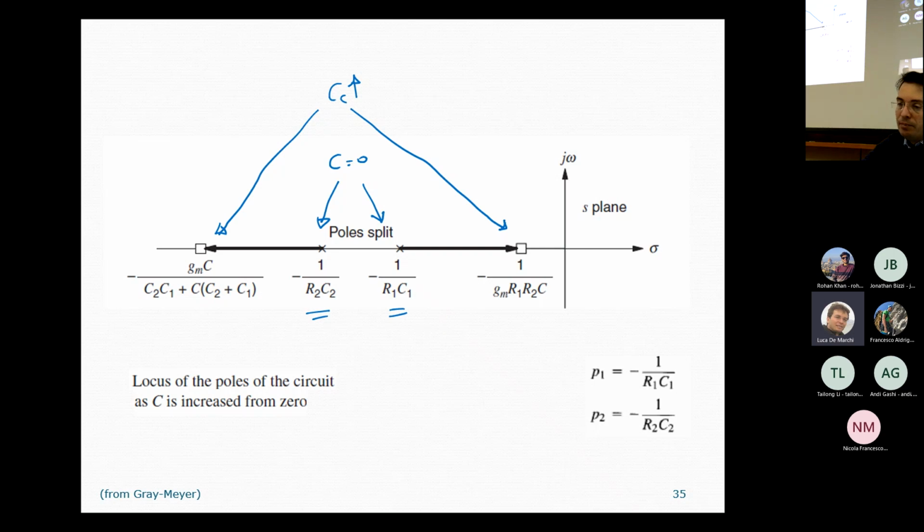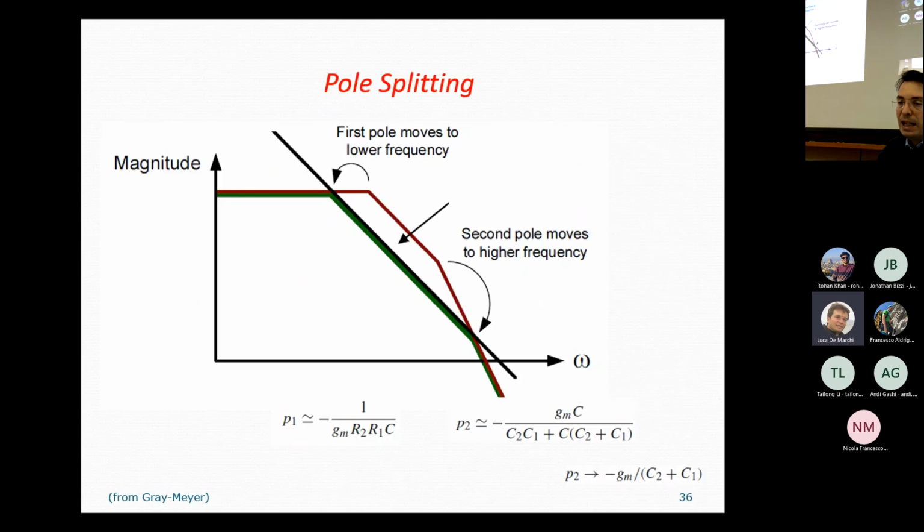This is the representation of this effect in the complex plane. What is interesting is to analyze this pole splitting effect in the Bode plot representation, because the Bode plot representation is the one that we typically use for stability analysis. So the idea is that initially we do have pole 1 and pole 2 closely spaced.